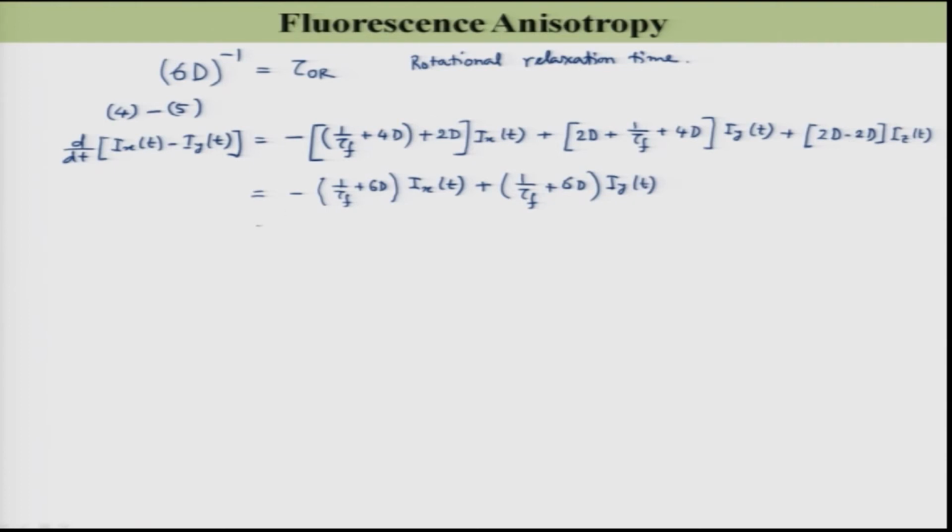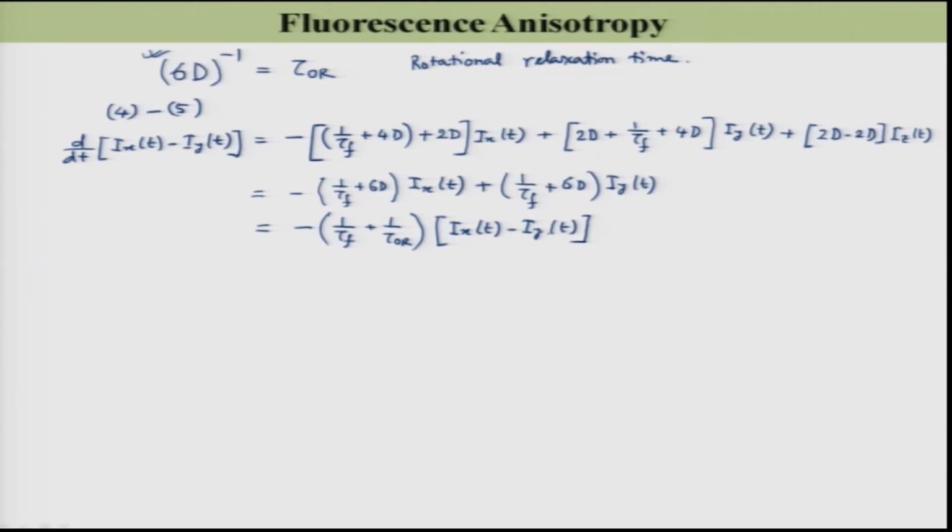So, then this will be equal to minus (1/τ_f + 1/τ_r), see here this relation, this I took outside. So, then this is equal to I_x(t) minus I_y(t).